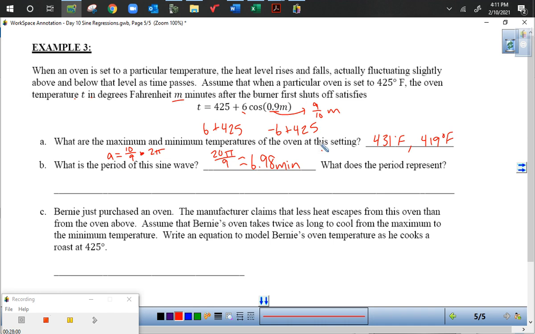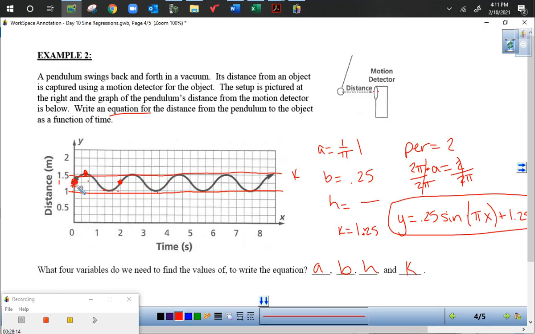Okay, so remember, on a graph, you can find the period, I'm going to go back to here, from any point and where it starts repeating itself. Most commonly, we use maximum to maximum.